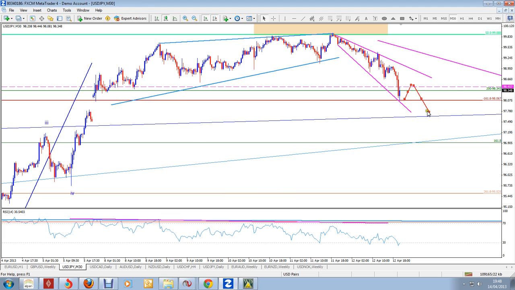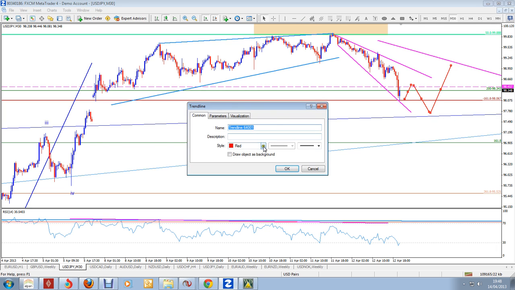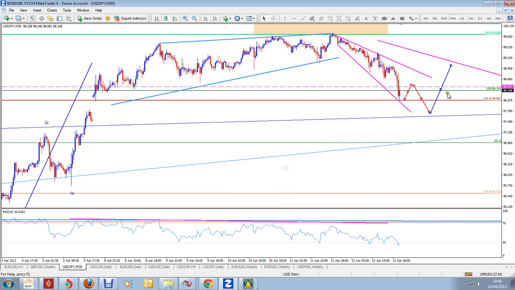Okay, after that you will expect a retracement to the upside, and once we get a retracement, that's when we can short. So that retracement will be ABC up, almost like that.